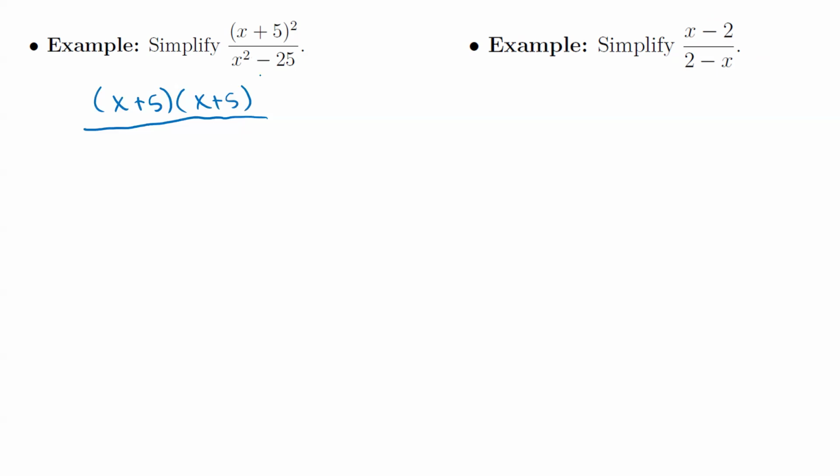On the bottom, does that factor? Well, nothing factors out of every term, but as we learned earlier, that's a difference of squares. So it factors into x plus 5 times x minus 5.